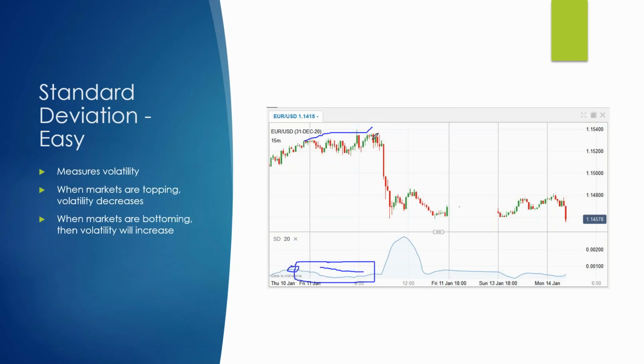Now, on the short side, you start out really slow, and then do you see how it expands here? That's what you expect when markets are bottoming out, and that's what is very confusing to everybody. They actually expect to see the reverse.